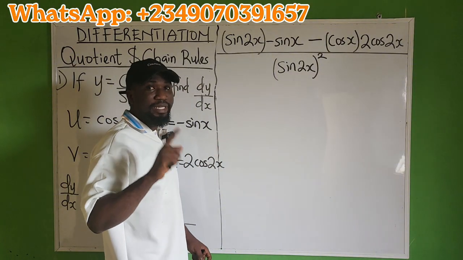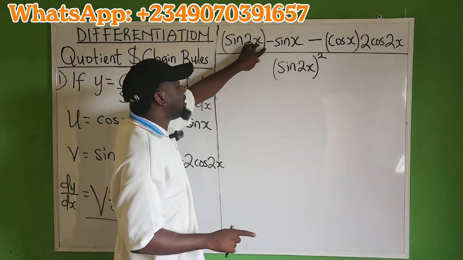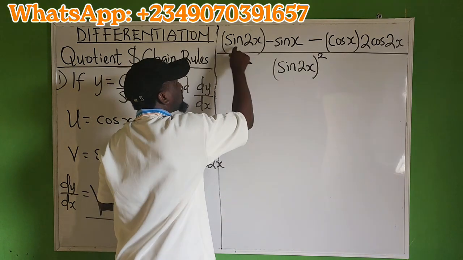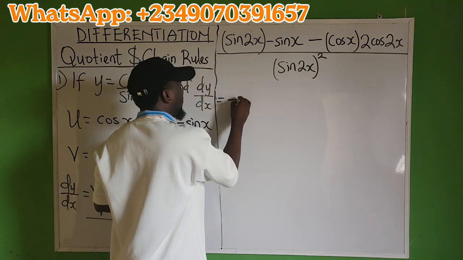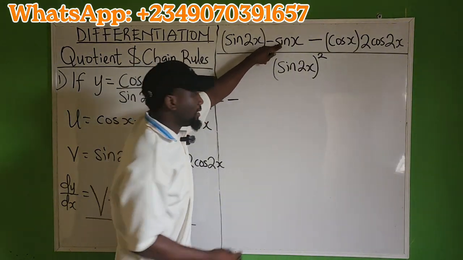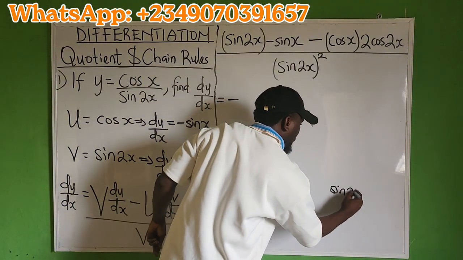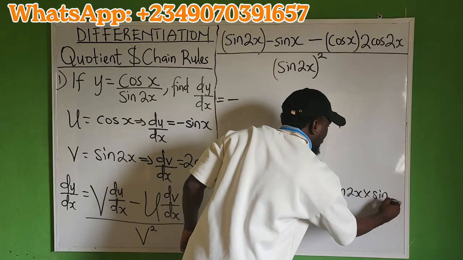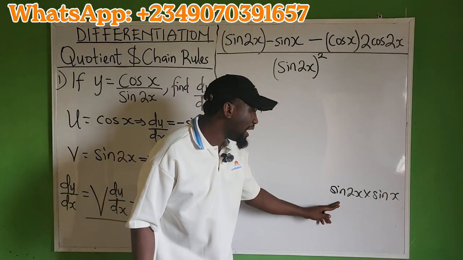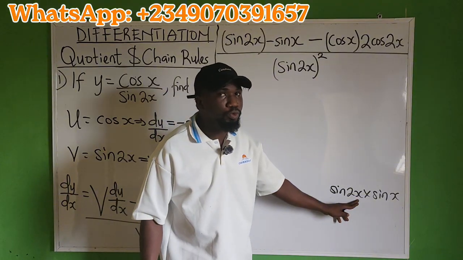Most students are going to make mistakes in getting this. First thing now is minus times plus is what? That is minus, right? So sine 2x multiplied by sine x. Please, this now won't give you sine 2x squared. No.